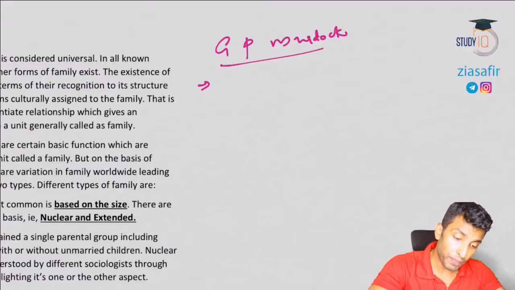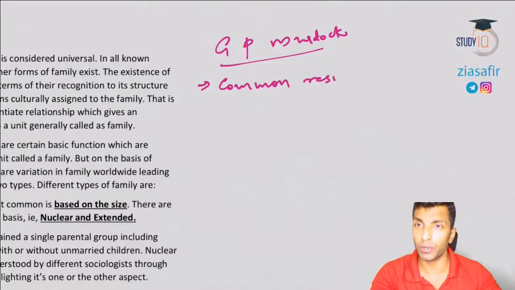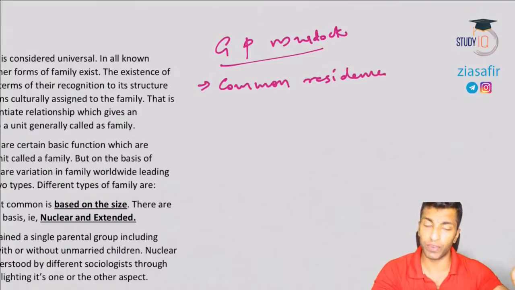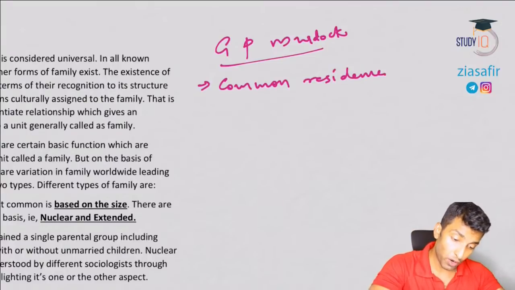There will be common residence. This is a common characteristic across the world. The elementary family was found everywhere. So: common residence, economic coordination.